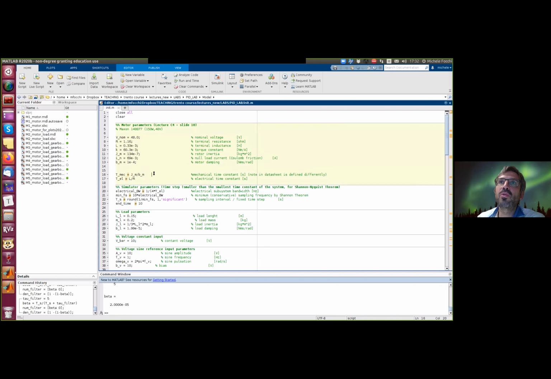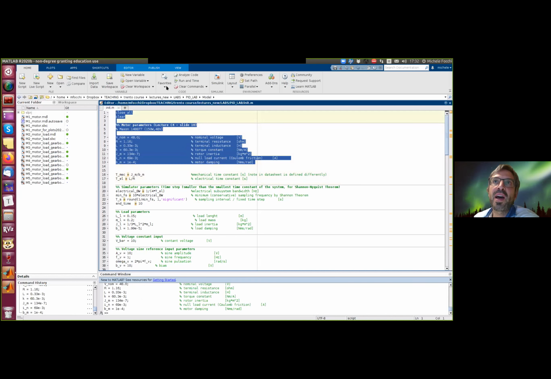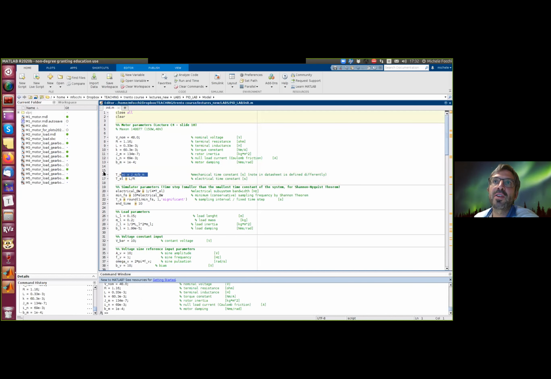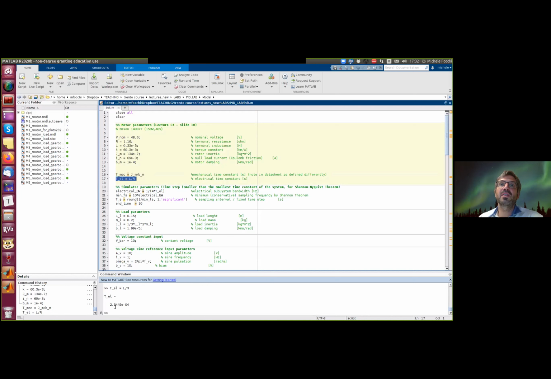Note that to evaluate a single line, you can select it and press F9, and this will evaluate the value, for example, of the parameters. This way I evaluate this block, and this way I evaluate the mechanical constant. We see here the mechanical constant is 0.13 seconds, while the electrical constant is 0.28 milliseconds.